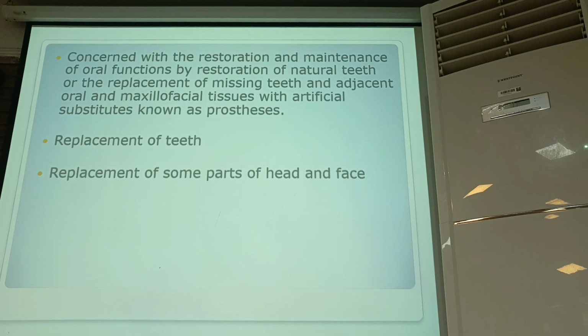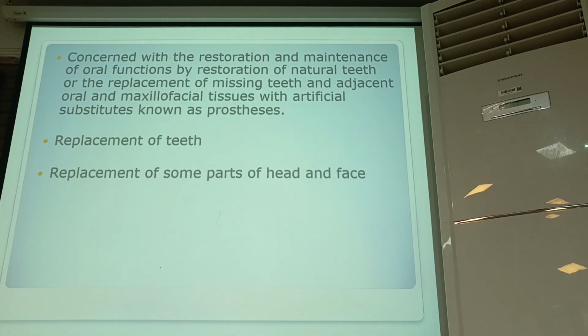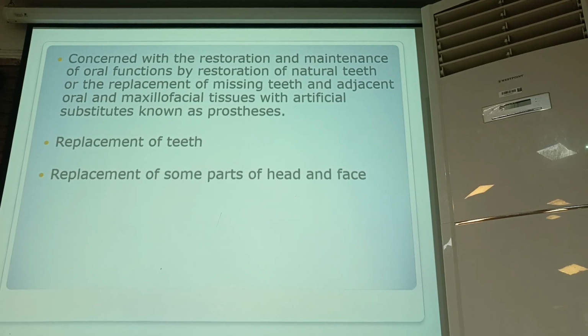As I said, this department is concerned with the restoration and maintenance of oral function by restoration of natural teeth or the replacement of missing teeth and adjacent oral and maxillofacial tissues with artificial substitutes known as prostheses.